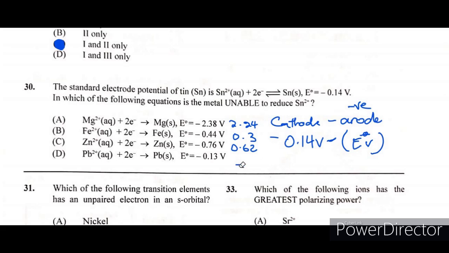Let's try the last one, minus 0.14 minus negative 0.13. I got negative 0.01. Now this would be the answer D. It's not feasible. Lead will not be able to reduce the tin metal. Kind of makes sense too.